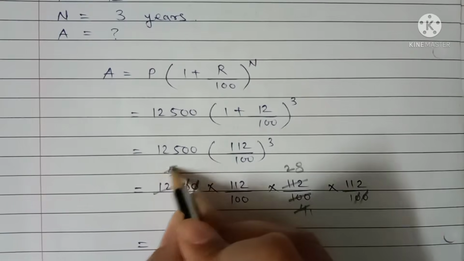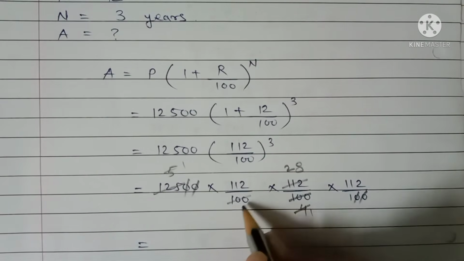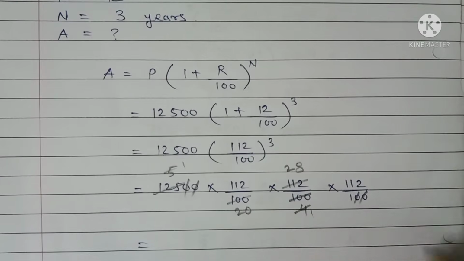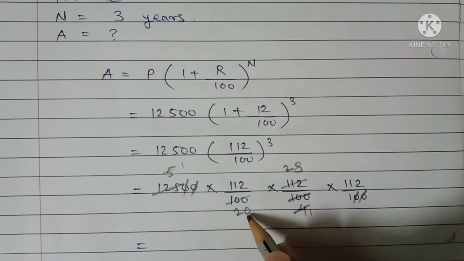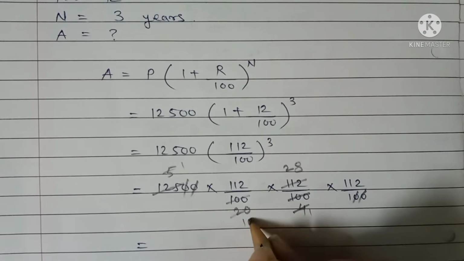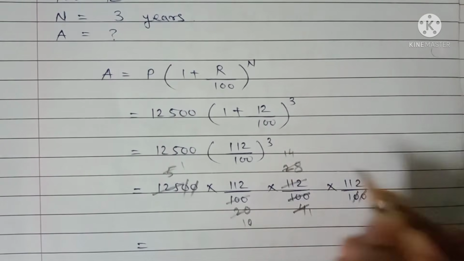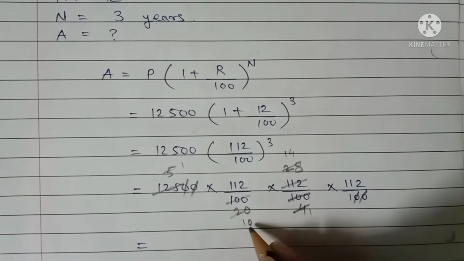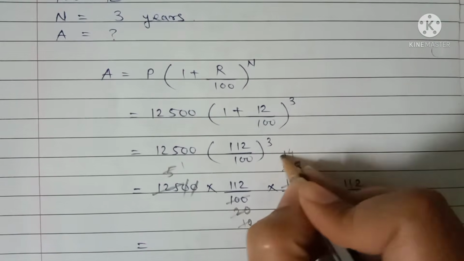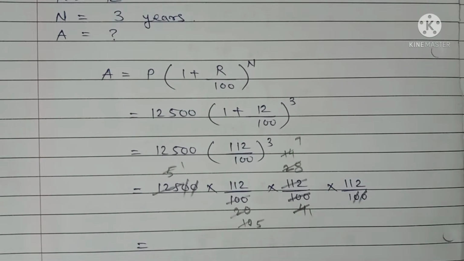Again here 5 ones are 5. 5 twos are 10. This 0 as it is. Again here I am dividing by 2. 2 tens are 20. Here 2 ones are 2. 2 fours are 8. Again here I am dividing by 2. 2 fives are 10. 2 sevens are 14.